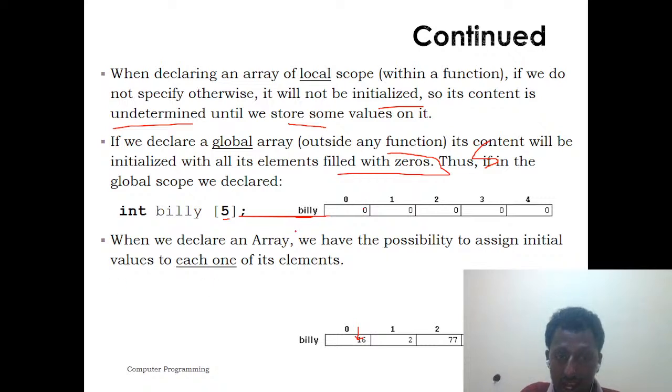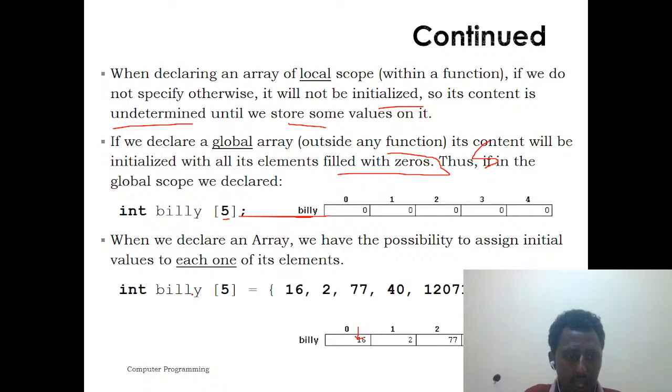When we declare an array, we have the possibility to assign initial values to each one of its elements. int billy[5] = {16, 2, 77, 40, 12071}. Array size 5, and we fill these initialized values in these boxes.